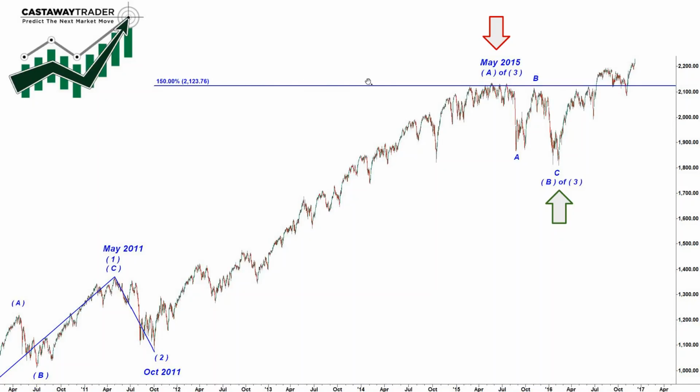You see it nailed the top at 2123. It stretched just one step higher, and I count it as parenthesis wave A of 3. Again, it's May 2015, and look at the nice corrective A down, B up, C down, so that corrective A, B, C down, we counted as parenthesis B of parenthesis 3.